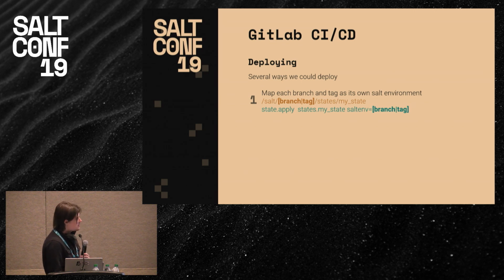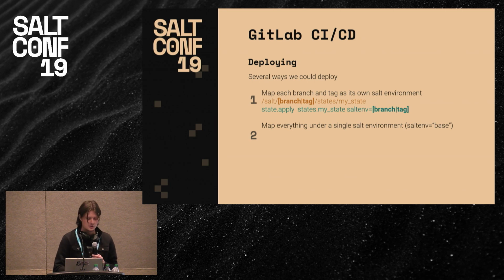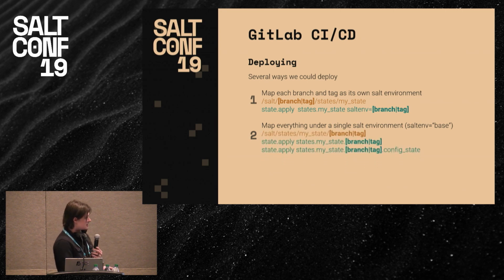But there are a few main drawbacks that ended up pushing us towards the second option, where we map everything under a single Salt environment and instead deploy the branches and tags as subfolders of the main state. This way, when you're applying states, you can just add a dot there, very much like traversing subfolders if you have embedded Salt states. You can still access all of the same files.